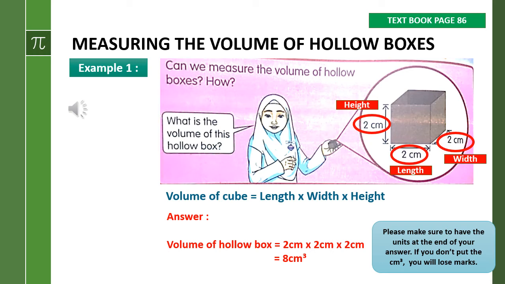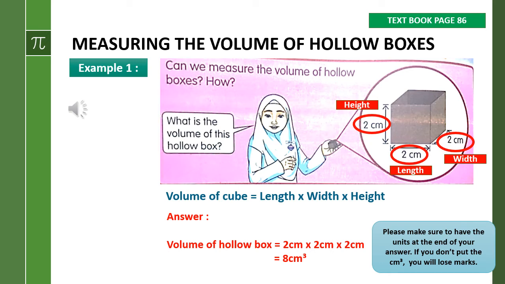What did I mention just now? We use the formula volume of cube. So what is the volume of cube? Length times width times height. So the calculation should be like in the slide.